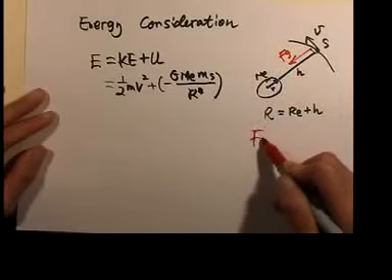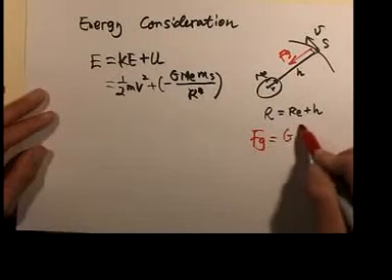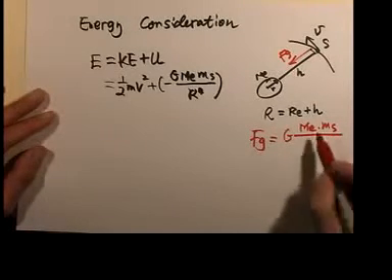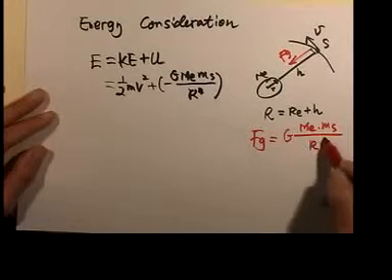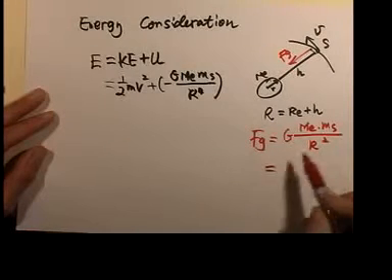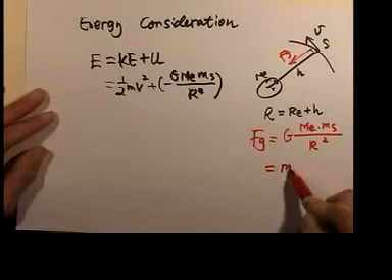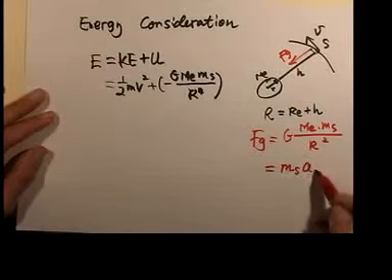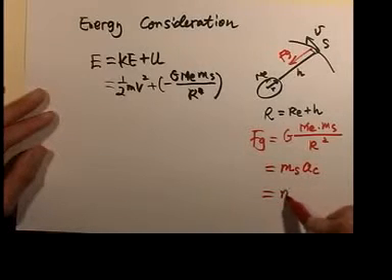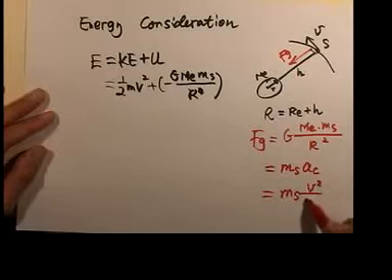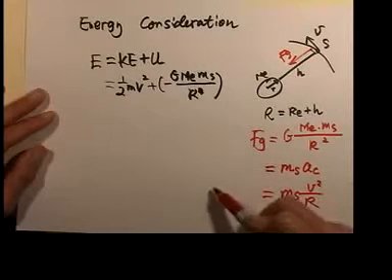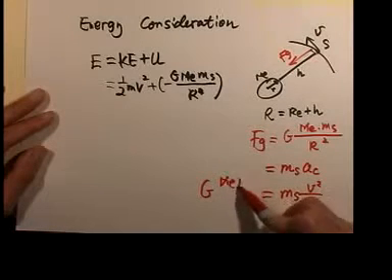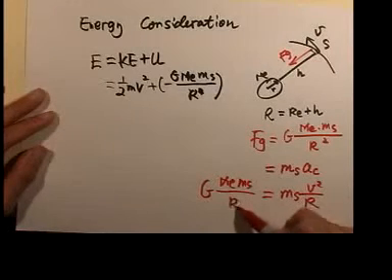Gravitational attraction between the Earth and the satellite follows Newton's law of universal gravitation. That equals the mass of the satellite times the centripetal acceleration, because that's force. That centripetal acceleration is v squared over r. Now the left side, as right here, is capital G, mass of the Earth, mass of the satellite, over r squared.